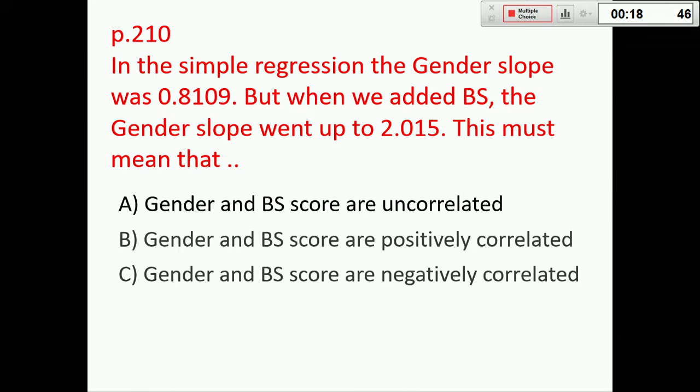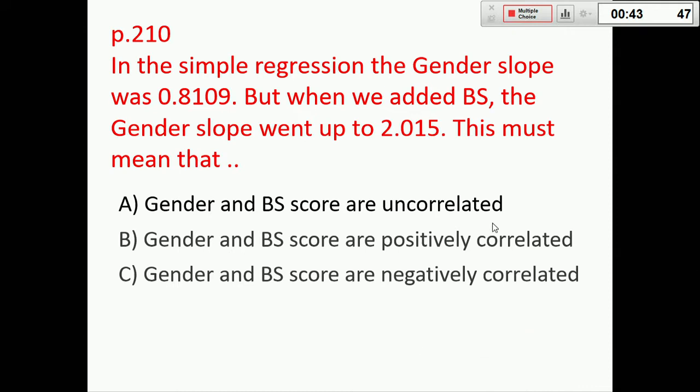It means there's more of a difference now when you look at them at the same level. I thought females were more qualified, but now it turns out even if you look at them at the same level of qualifications, at least for biological science score, there's more gender discrimination.